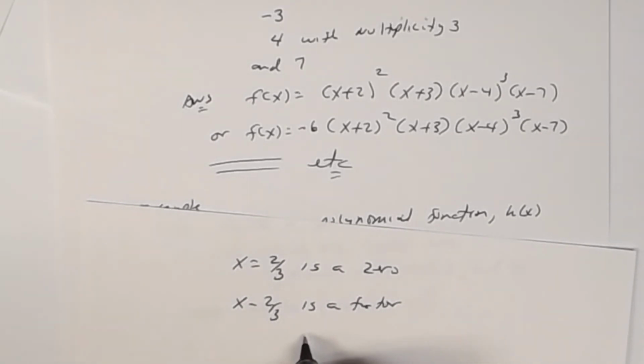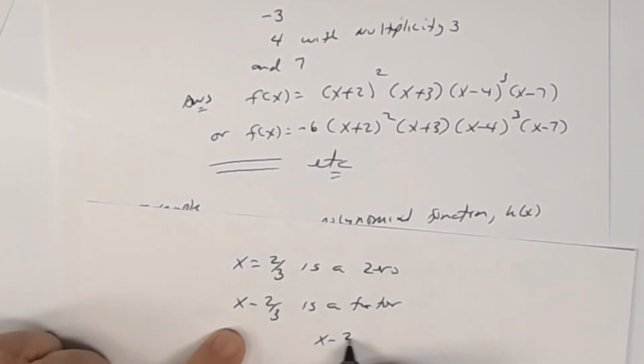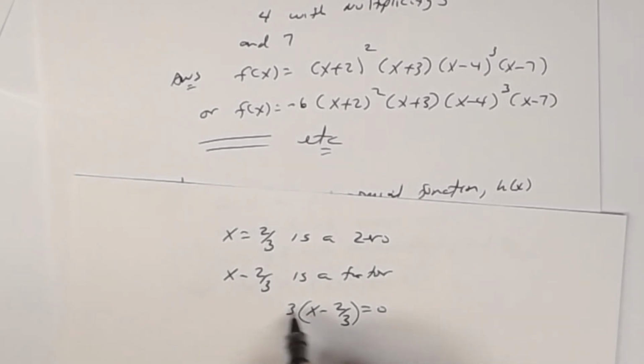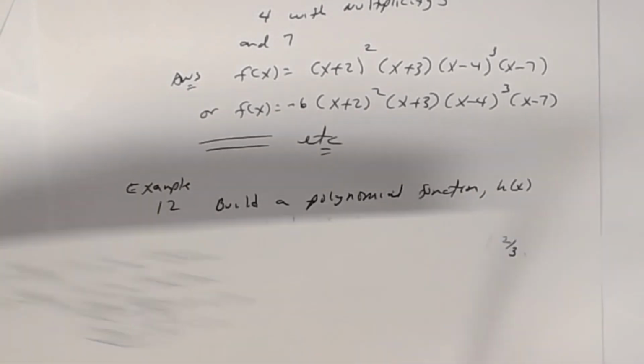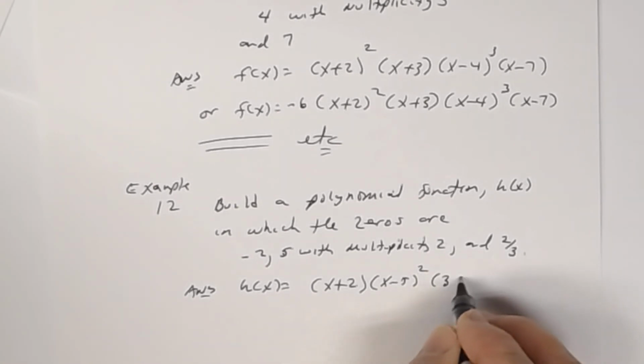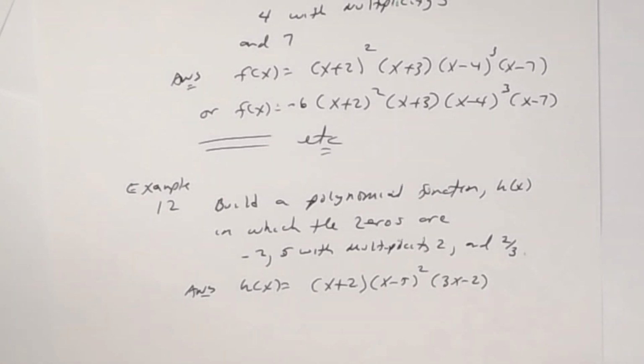What we did to do that, remember, if it's a 0, then we set it equal to 0, and then we multiply both sides by 3, and then distribute. So we get 3x, and then 3 times 2/3 is 2, so 3x minus 2 equals 0. 0 times 3 is 0, and that's what we use as our factor. Okay, so 3x minus 2. So if 2/3 is a 0, then 3x minus 2 is a factor.